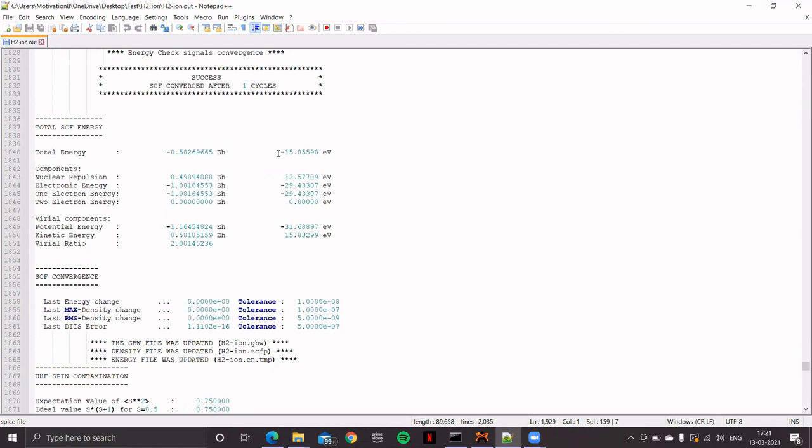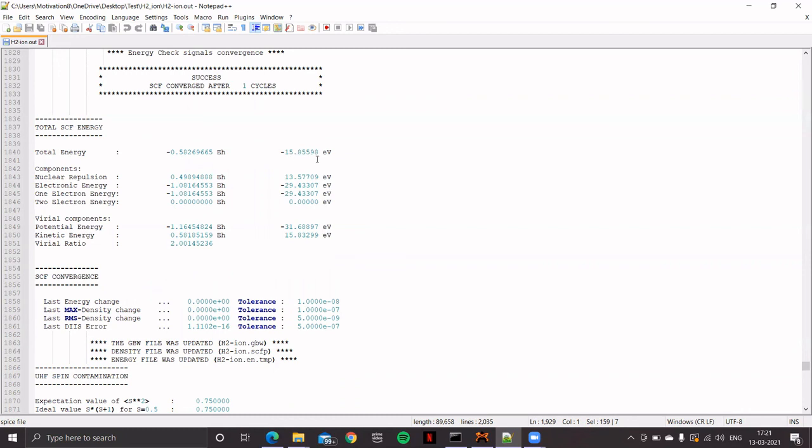And this is the energy of H2 positive. When it gets dissociated, it converts to a hydrogen atom and a hydrogen ion. There is no electron in the H positive ion, so no electronic energy. There is one electron in the hydrogen atom, and we know that the hydrogen atom electronic energy is minus 13.6 electron volt. So we move from minus 15.86 to minus 13.6 electron volt when it dissociates.